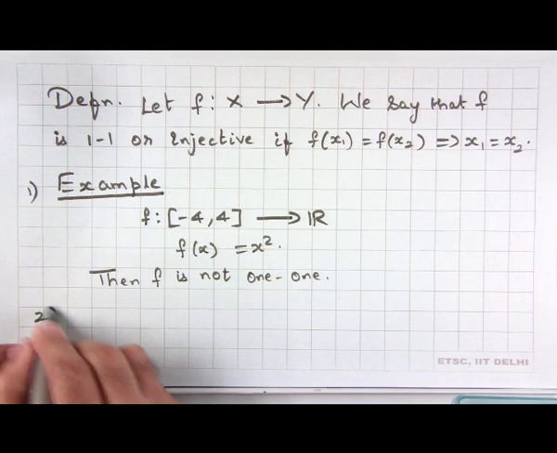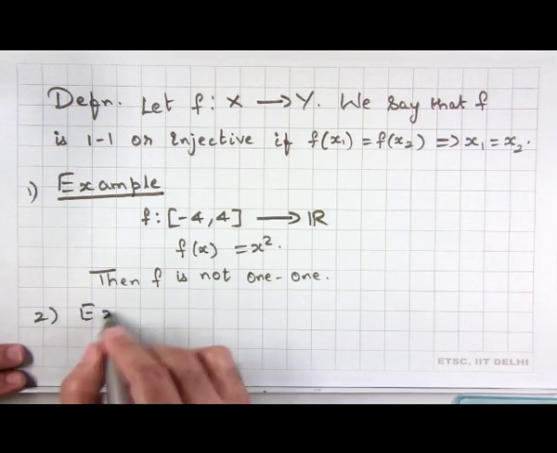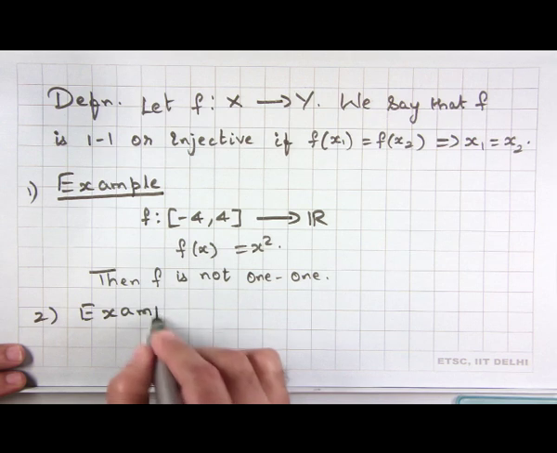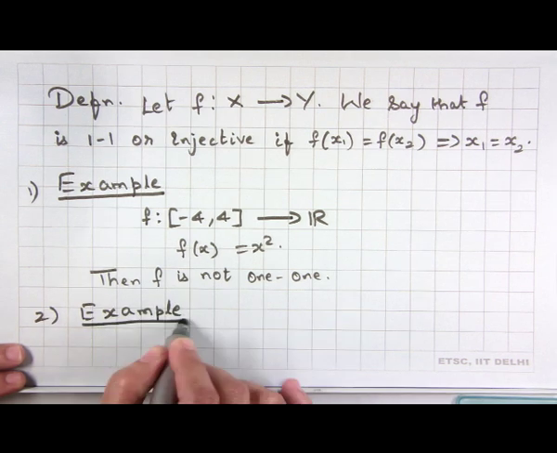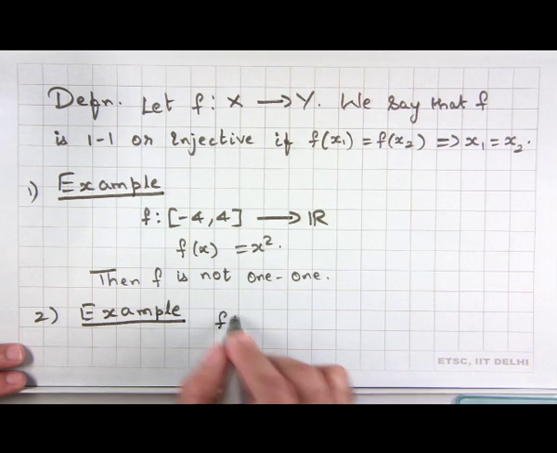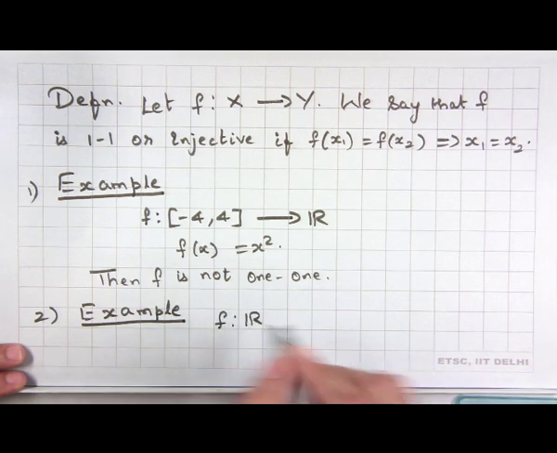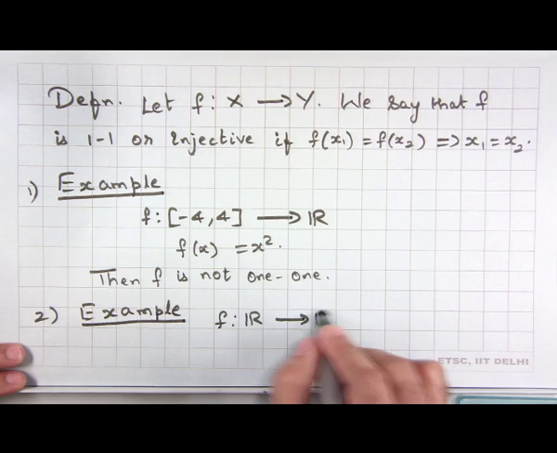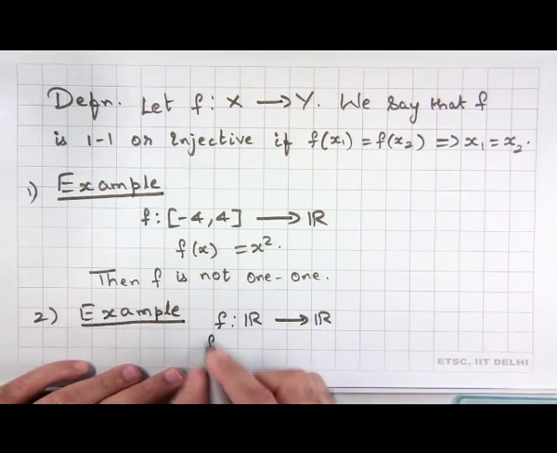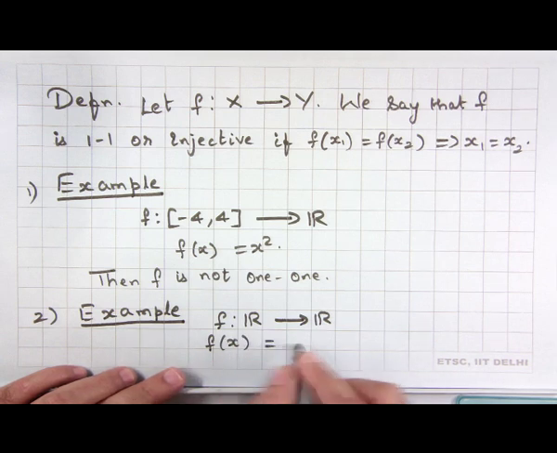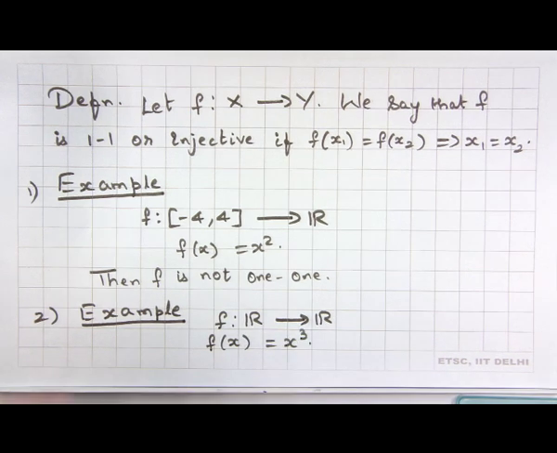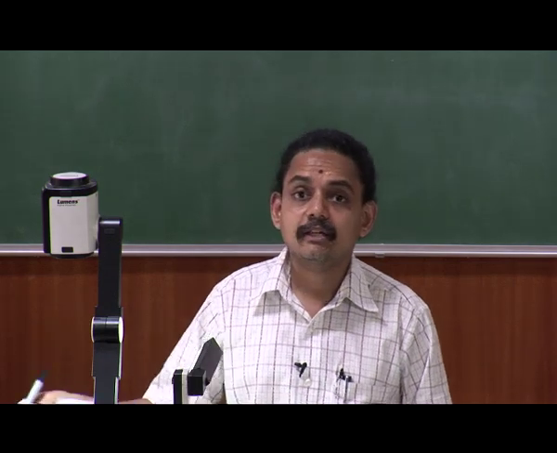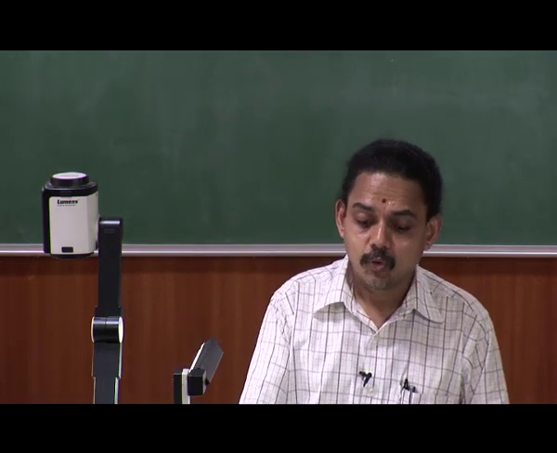Now, let us look at one more example. Let us look at a function from R to R given by f(x) equal to x cube. Now, is this a 1-1 function? Let us now show that f is 1-1.